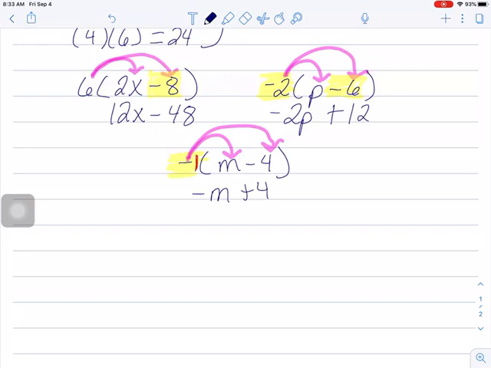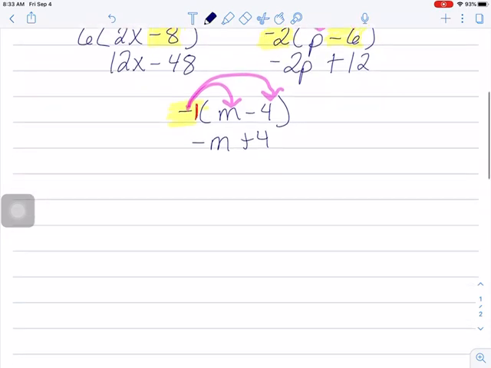Now you might have something bigger than a binomial. You might have a number times a trinomial, or even bigger, there could be an infinite number of terms really in the parentheses.